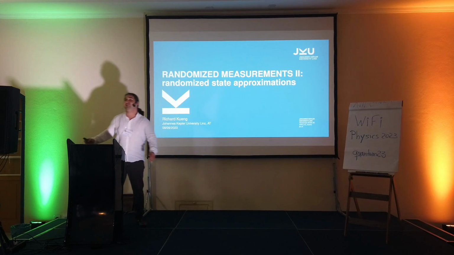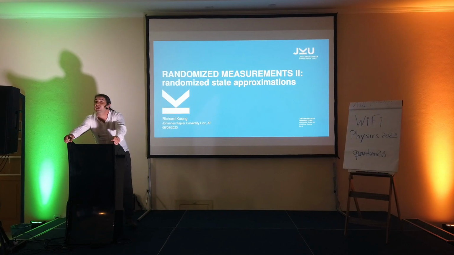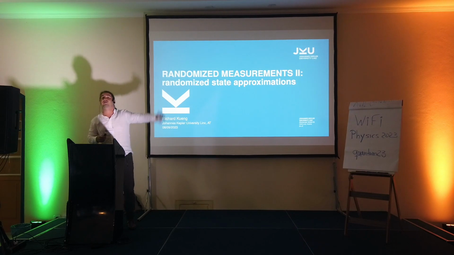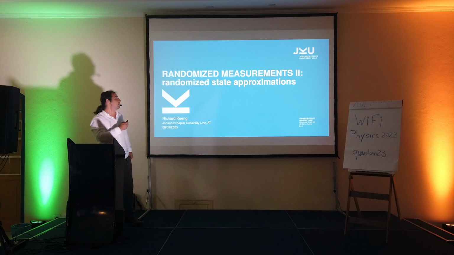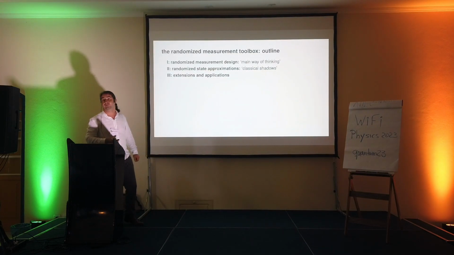So today we will take the second step of our journey towards more efficient data processing techniques that hopefully help us to really enter the quantum realm with large quantum computing architectures. I have 3 lectures in total.